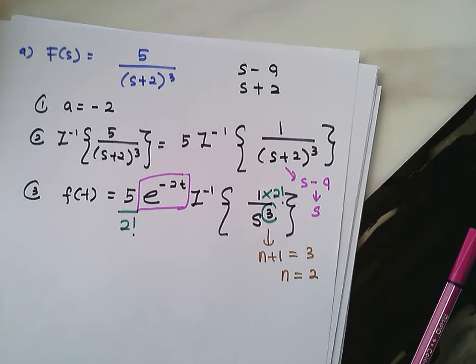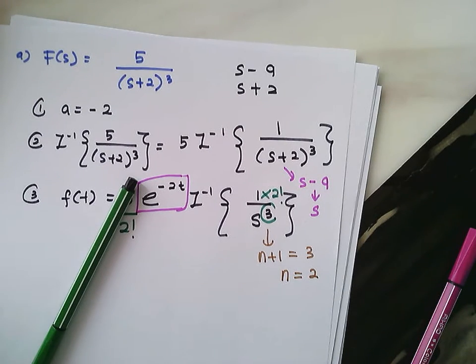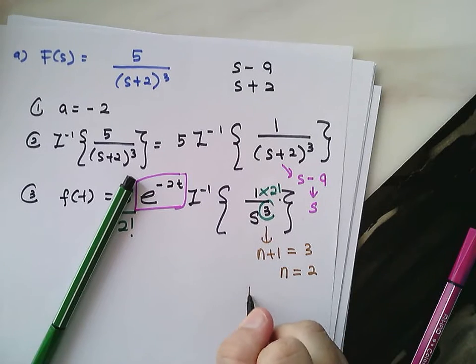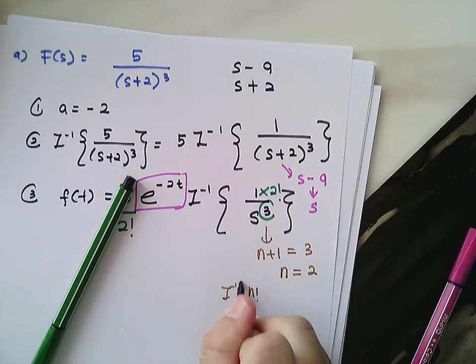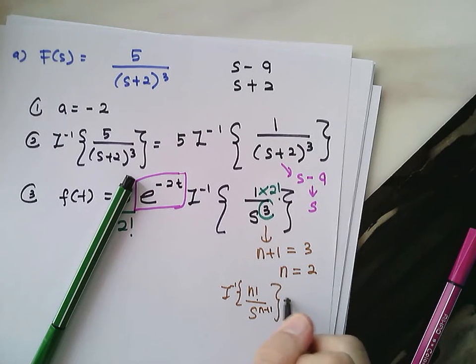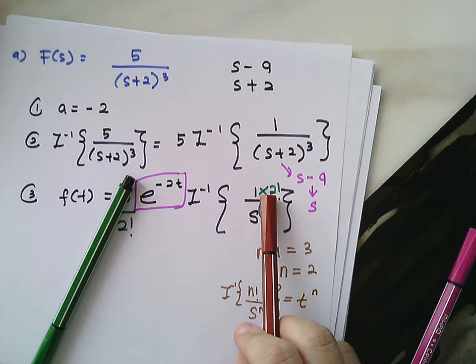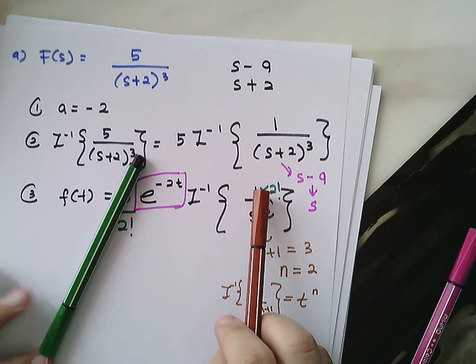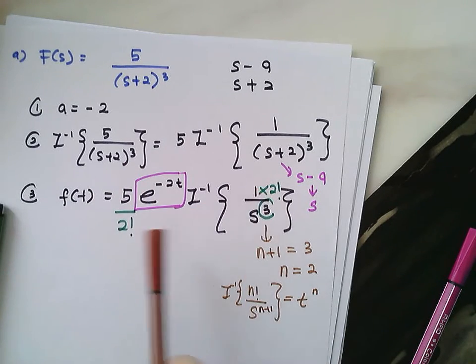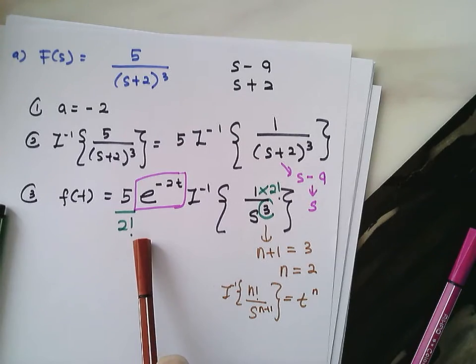Okay, remember this one, when you have n factorial over s to the n plus 1, the inverse is t to the n. So supposedly if your n is equal to 2, the numerator part should be 2 factorial. So if you multiply by 2 factorial, then you need to divide by 2 factorial.